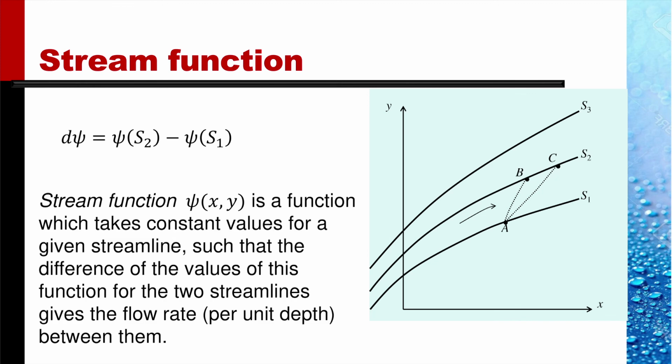Stream function psi is a function which takes a constant value for a given streamline, such that the difference of values of this function for two streamlines gives the flow rate per unit depth between them in two-dimensional flows.